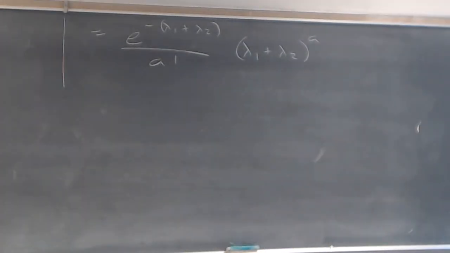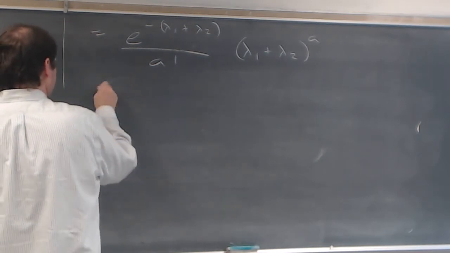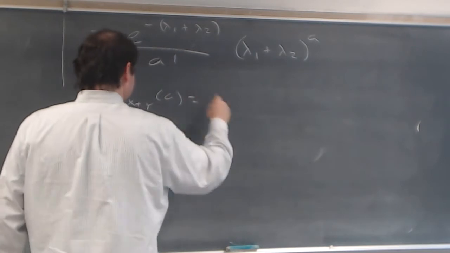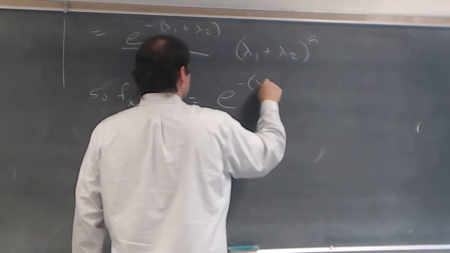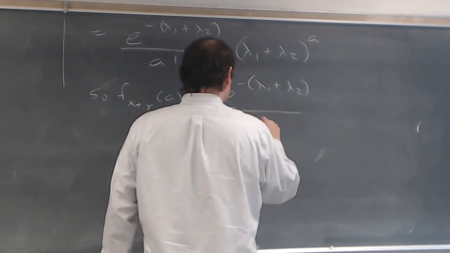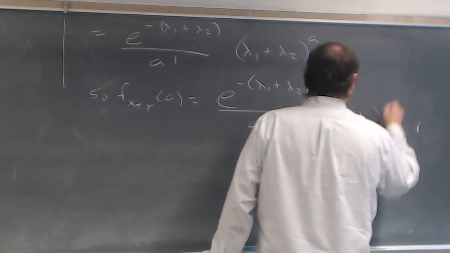Okay, so f sub x plus y evaluated at a is this quantity: e to the minus lambda 1 plus lambda 2 over a factorial, times lambda 1 plus lambda 2 to the a.